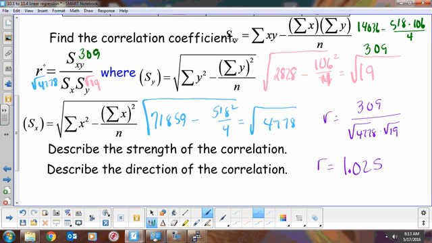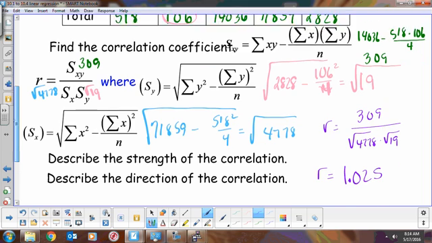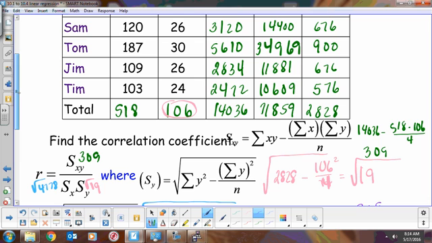All right, R is the sum of xy over sum of x times SOY. So we did something, let's go back and check our math. We did something wrong in our calculations. I guess I could check those other formulas too. And maybe it's something that I wrote down wrong.